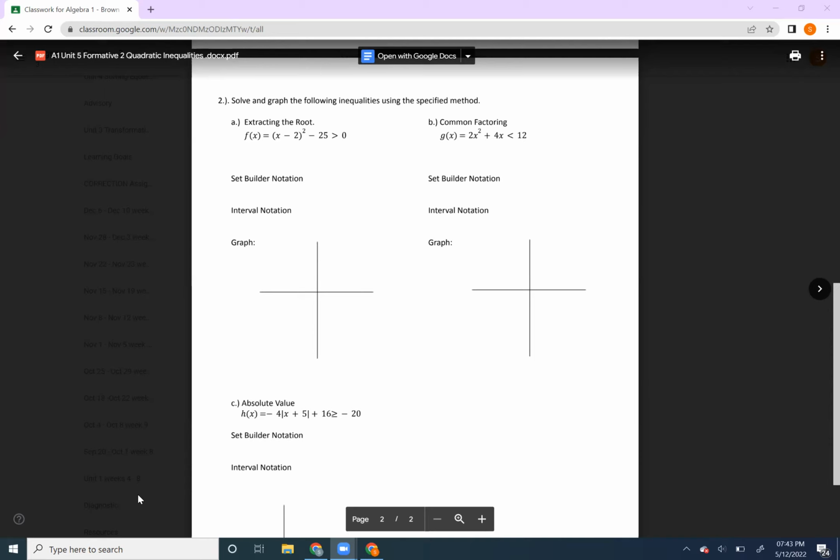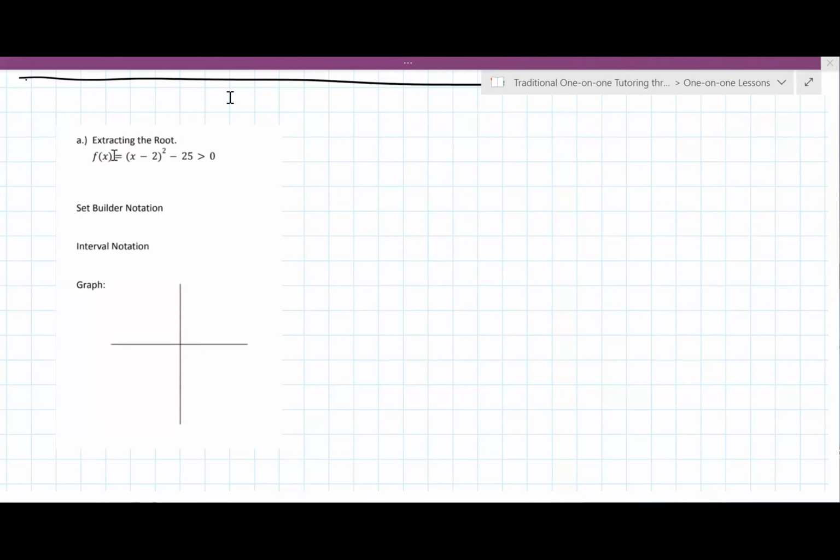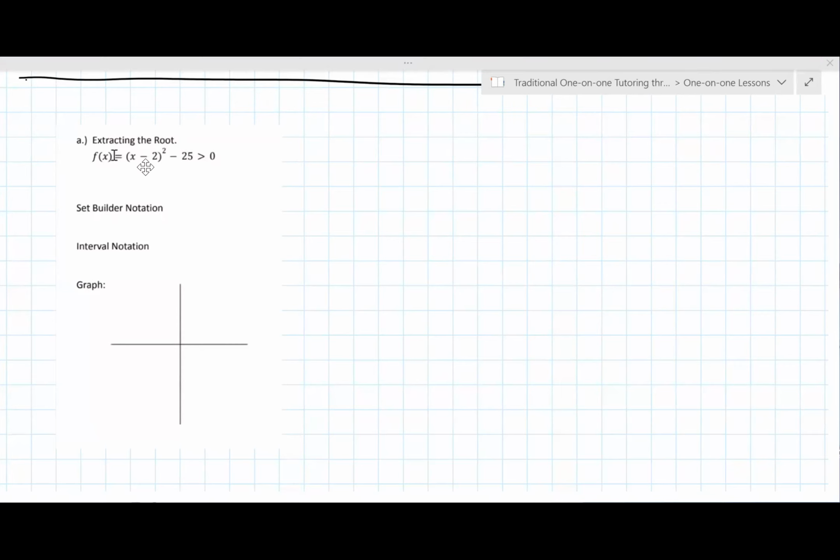All right, let me share my screen. Can I stop my share? I'm going to share my screen. You'll start seeing it. Okay, so it says extract the root. This one's a little bit odd because there are actually many different ways to solve it.